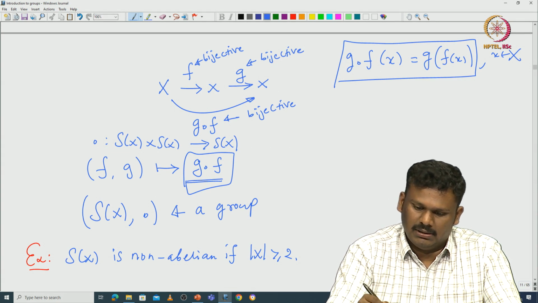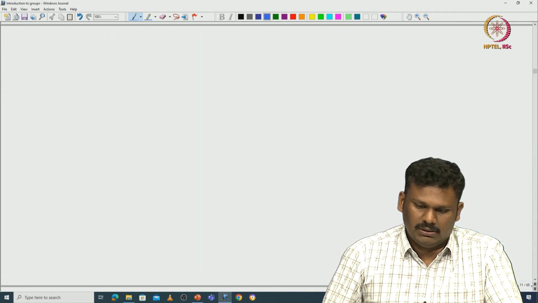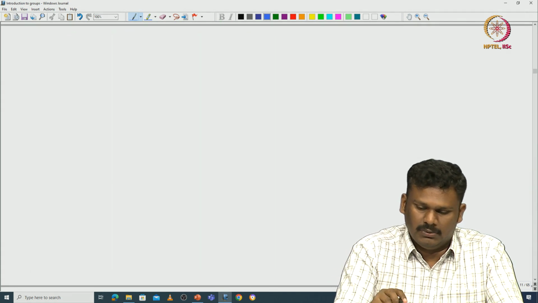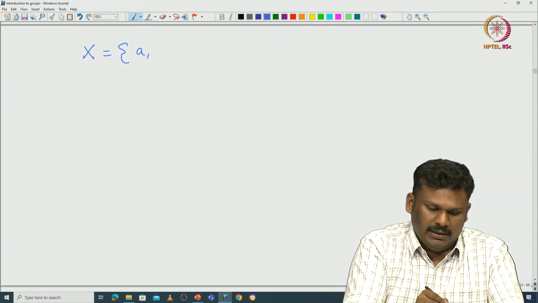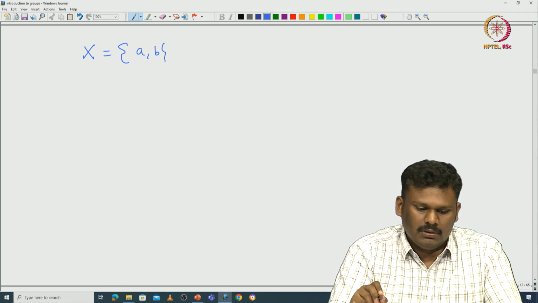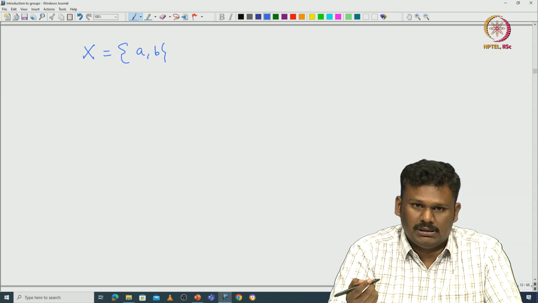For example, let us say X has two elements. So, let us work out what happens. Let us see at least some small examples. So, let us say X has two elements a, b. Okay. So, we are talking about all possible bijective functions from X to X. Since we are only working with two elements, it is easy to write down pictorially what happens.